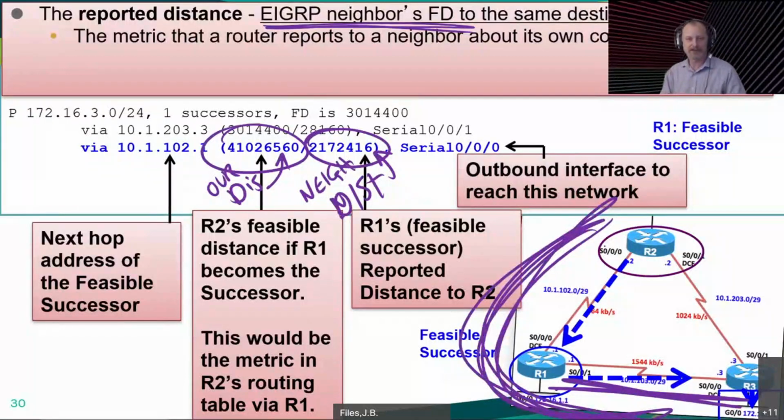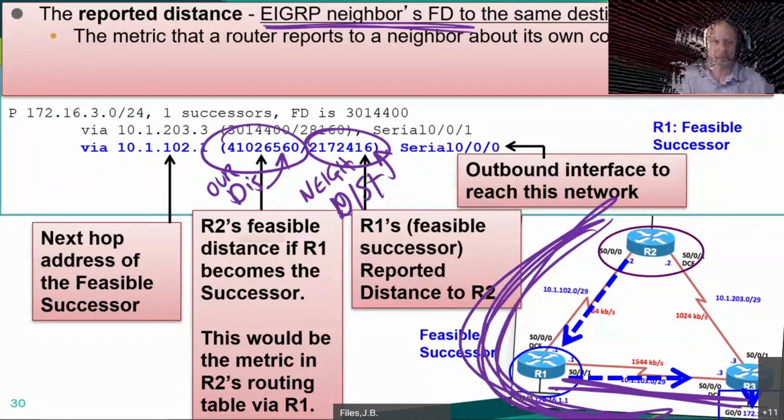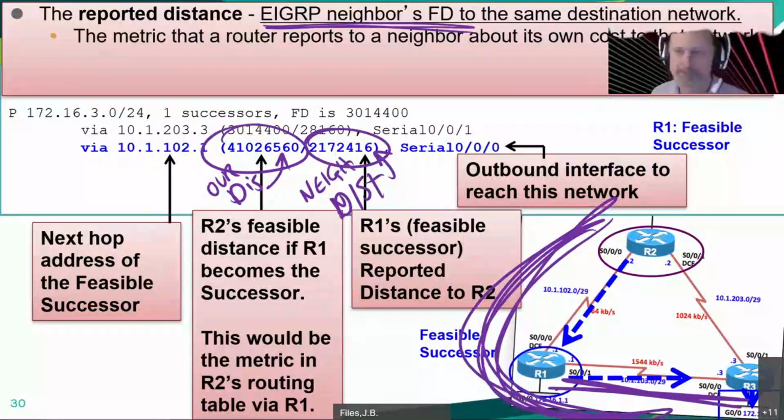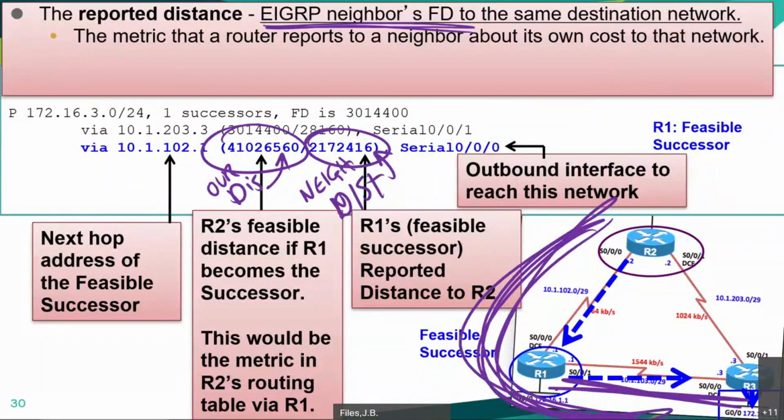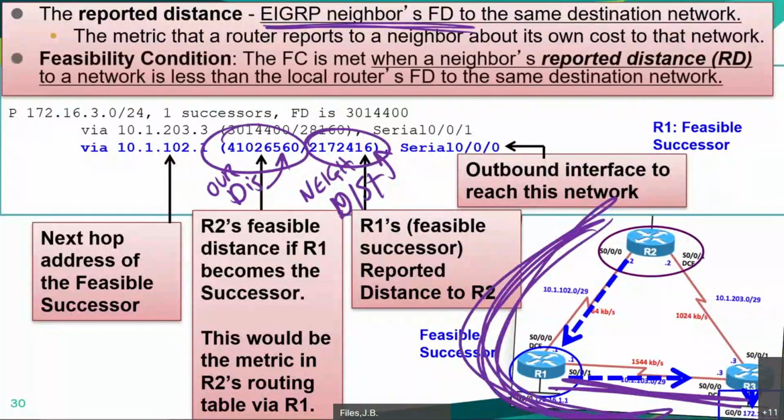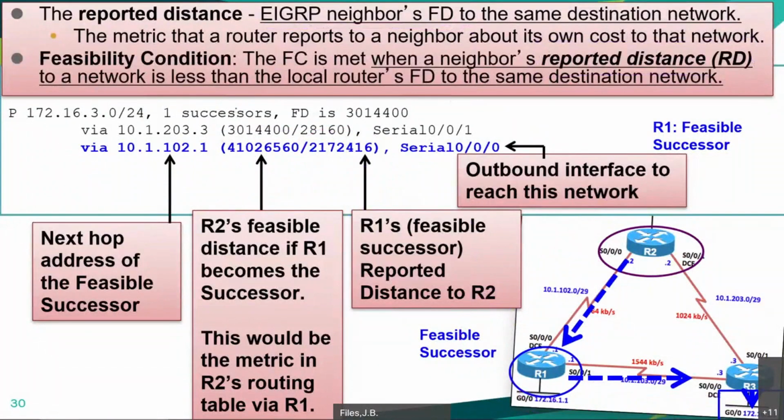Is it clear what the difference is? The reported distance of the neighbor. Oh, sorry, I'm covering that up. The feasibility condition is met when a neighbor's reported distance is less than the local router's feasible distance to that same network.